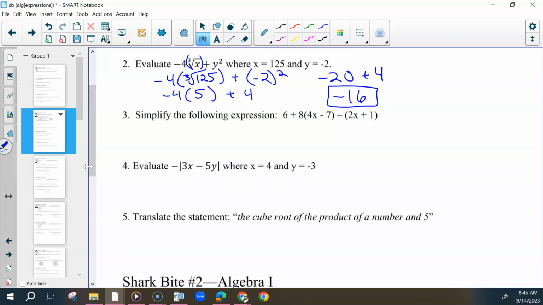And then for number 4, same thing, put these in where x and y are. Don't forget that negative on the outside. Then grouping, do what's on the inside first, multiply.